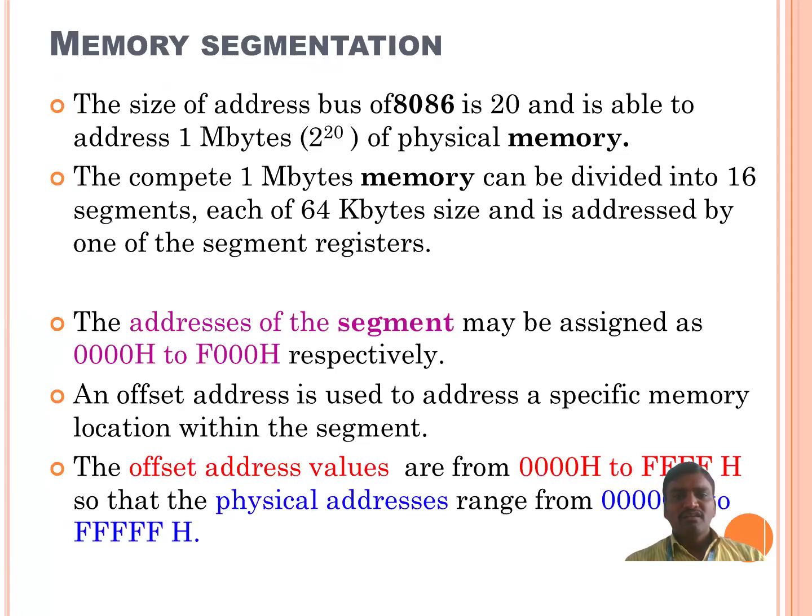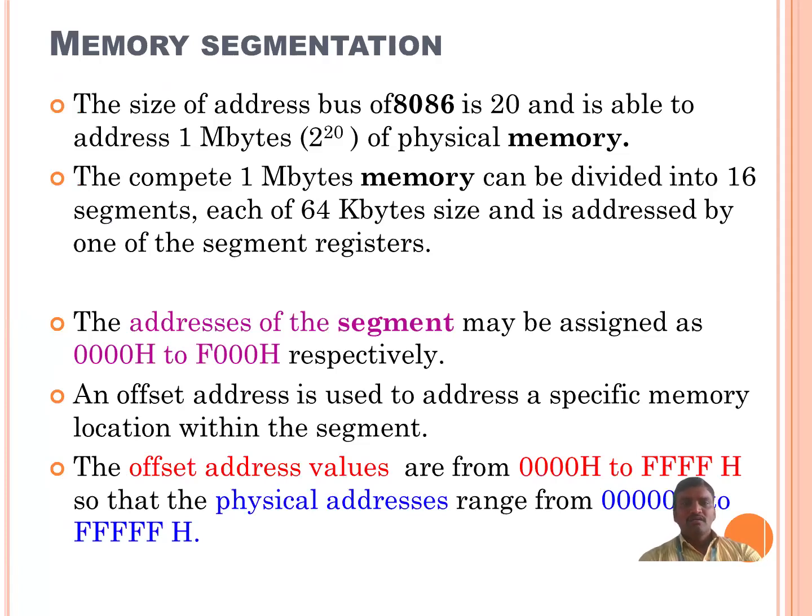The offset address will be stored in the offset register only. The address range of the offset address is from 0000H to FFFFH.